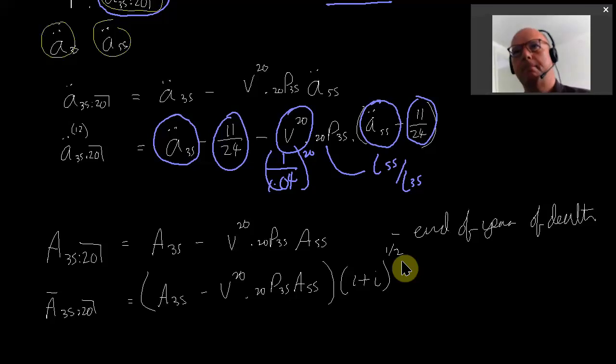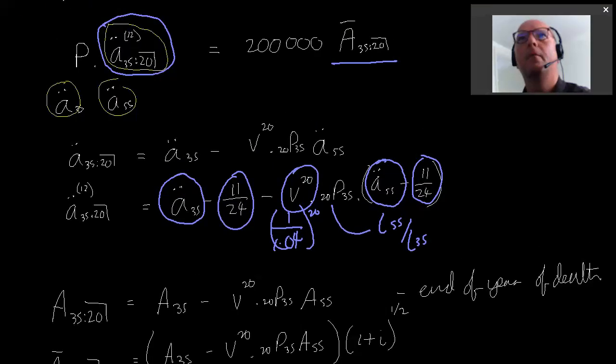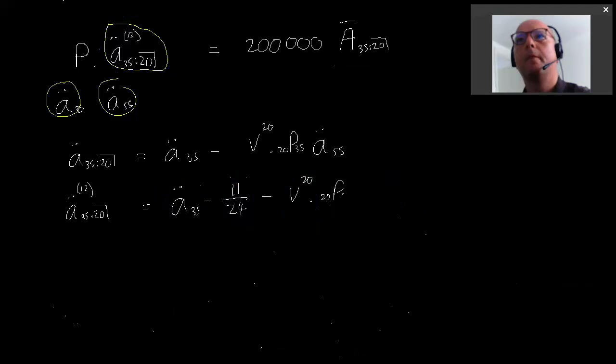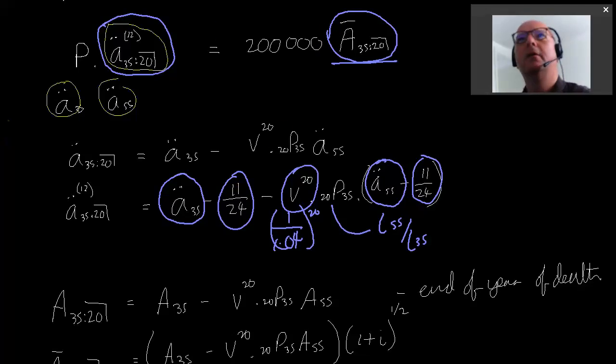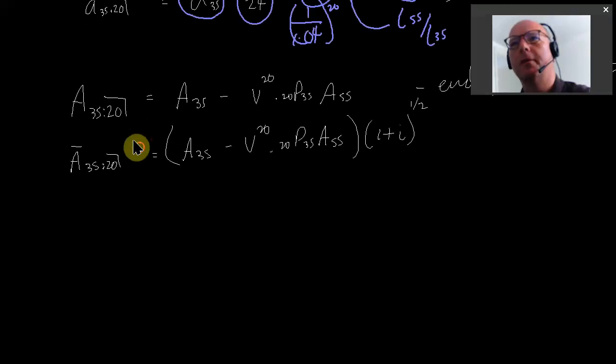Okay, so I've now calculated that as well, and P obviously then is just a very simple calculation of one divided by the other.